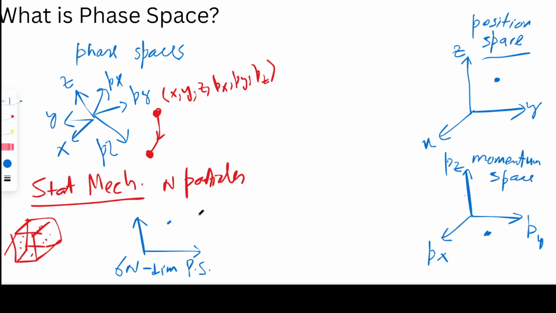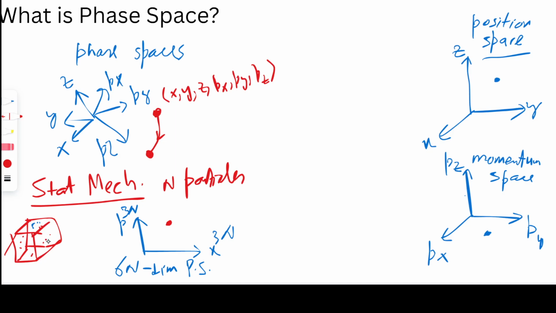So a point here would have 3n coordinates for position and 3n coordinates for momentum. Now suppose at one instant of time in this box, the particles have some definite position and momentum, so that would correspond to this single point.